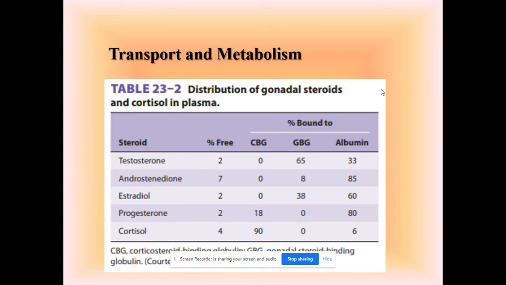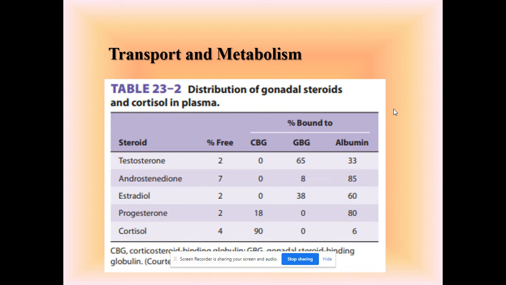In this table, you can see that 98% of the testosterone in plasma is bound to protein. 65% is bound to a beta globulin called gonadal steroid binding globulin, or sex steroid binding globulin, and 30% only to albumin. This globulin also binds estradiol.